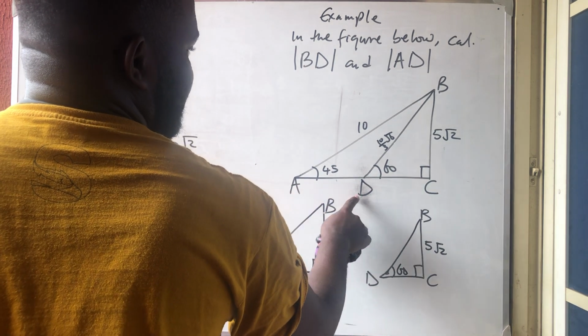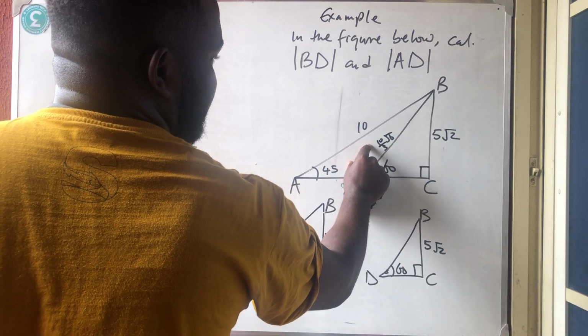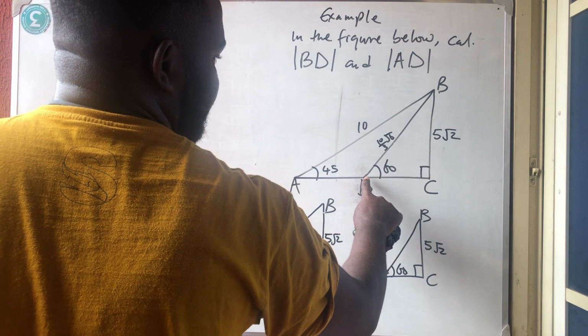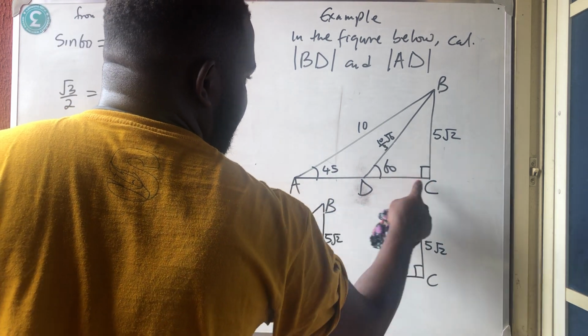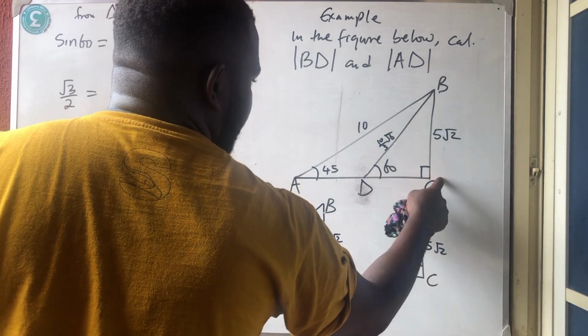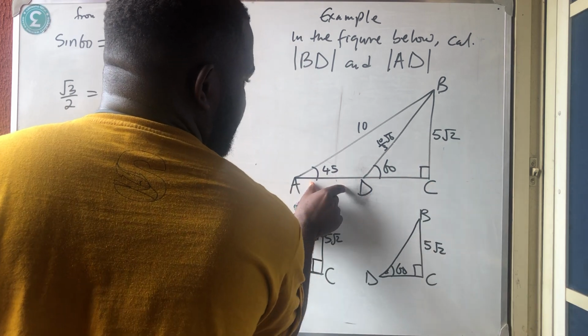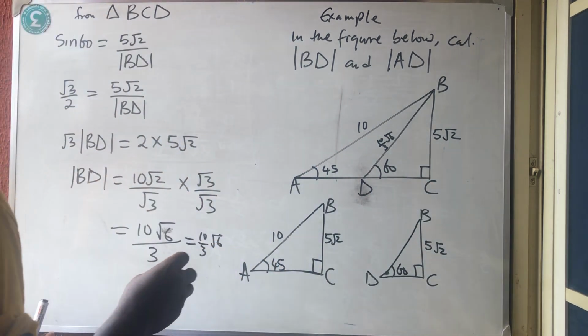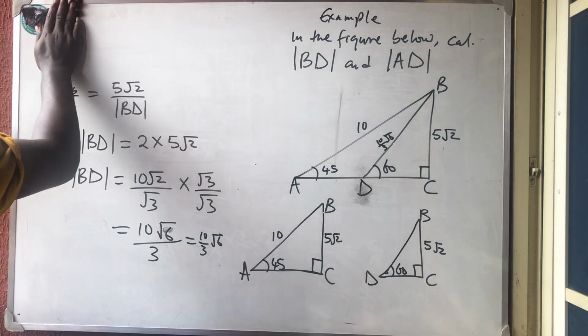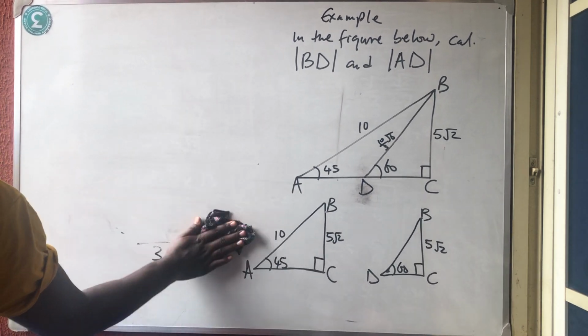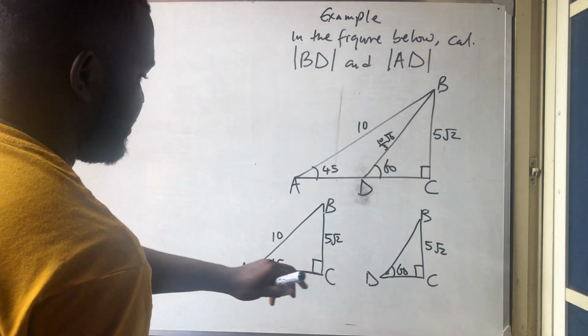Okay, the next thing they say we should find is line AD, but I cannot find line AD directly because it is not in the big triangle. If I can find the line from A to C and from D to C, then the bigger one minus the smaller one will give me this small one. So permit me to clean this. From the big triangle, let me find line AC.